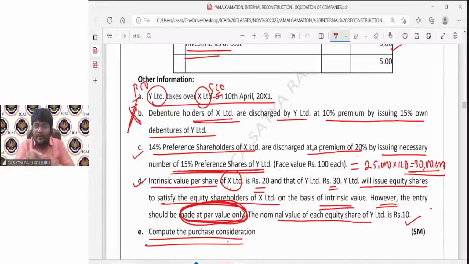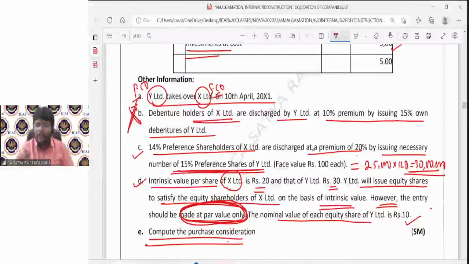But the overall method of PC is net payments method. For the number of preference shares to be issued, directly given, but for the number of equity shares to be issued, you need to apply the intrinsic value method. If you combine, you will know the total amount of PC under net payments method.